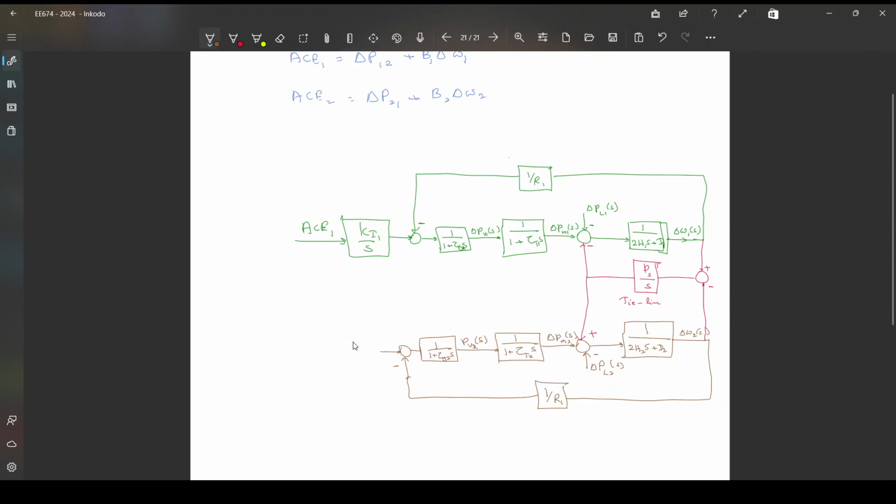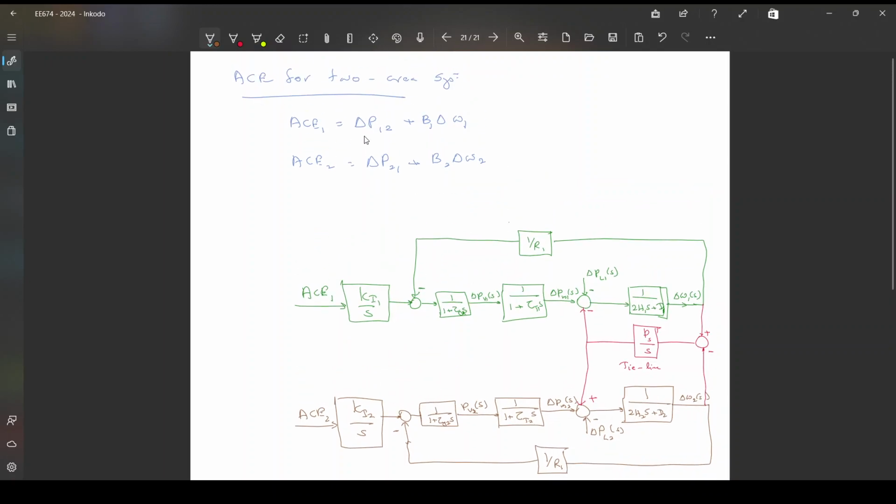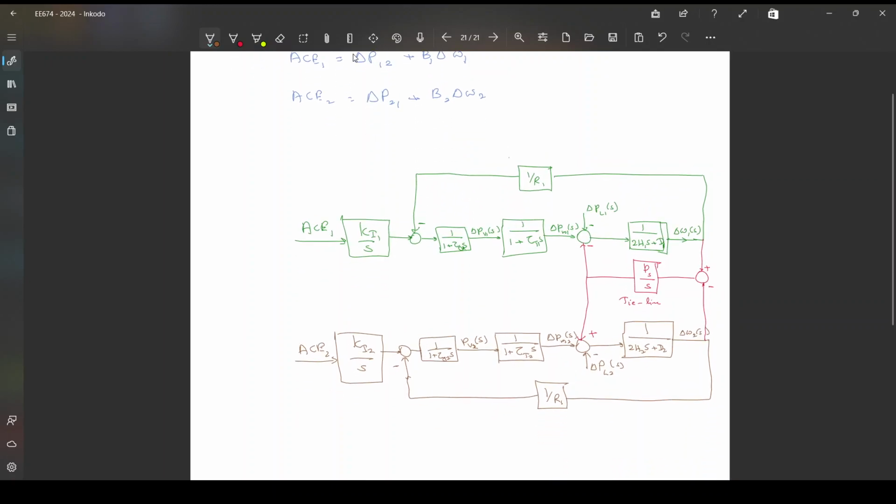So you have Ki2 over S, and the input to that would be the area control error for area 2, right? And then the area control error is calculated using these two equations, right? So you need the P12 and the P21, right?